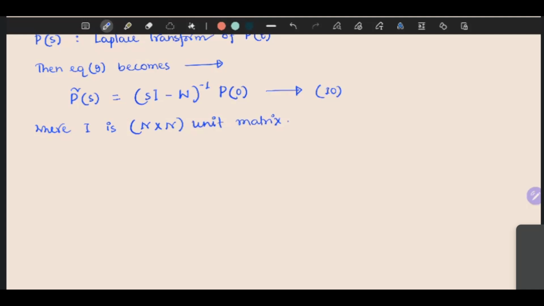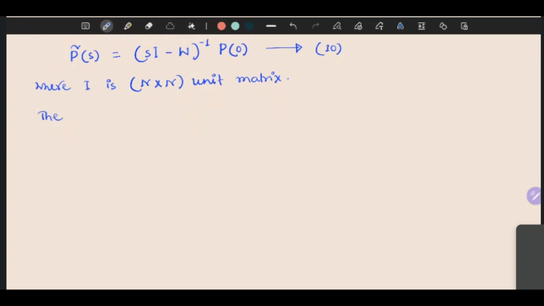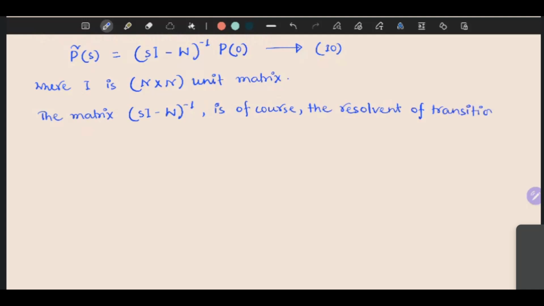So basically the matrix which is this (sI minus W) inverse is actually, of course, the resolvent of the transition matrix W.